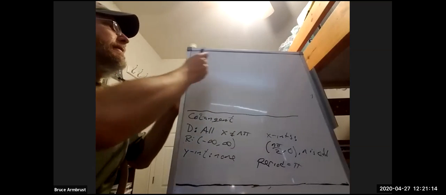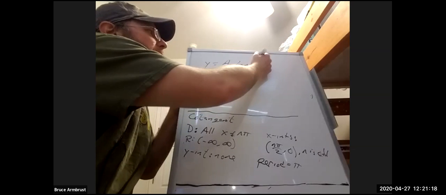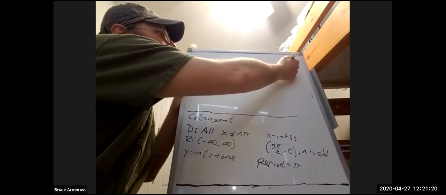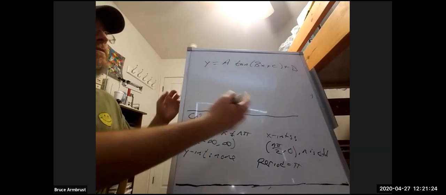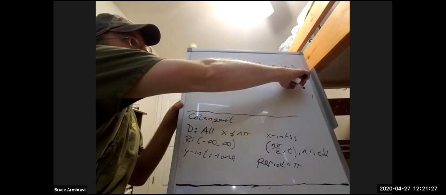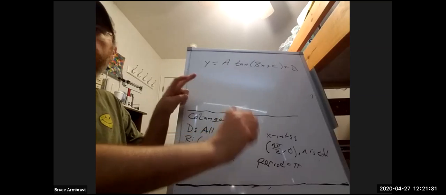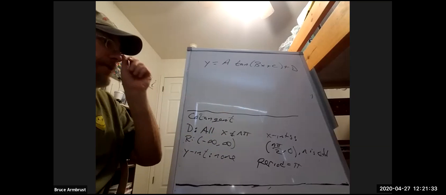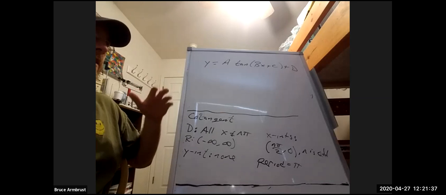If we go to something like y equals a tangent of bx plus c, plus d. All right, so they're going to do the same things. The d is going to be a vertical shift. It still moves the, quote unquote, midline, even though midline doesn't really make sense if we're going from minus infinity to infinity, but I think you know what that would mean in a graph of tangent.